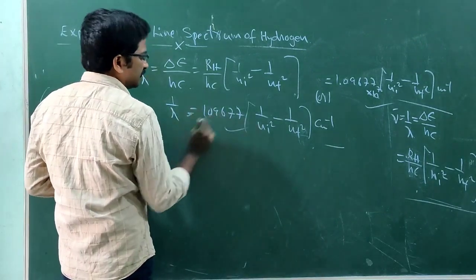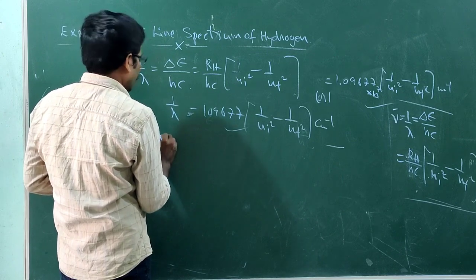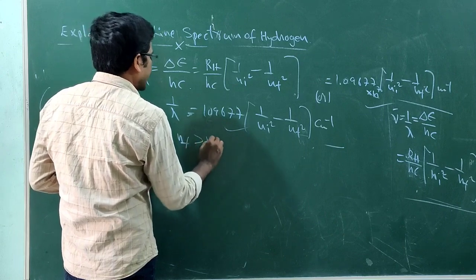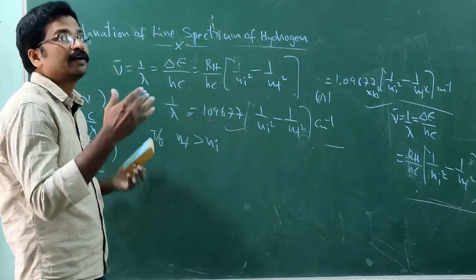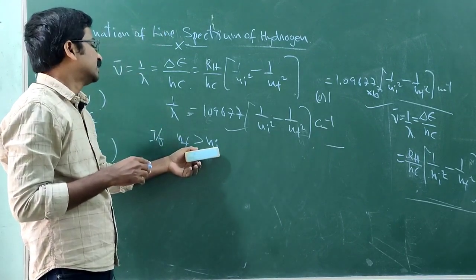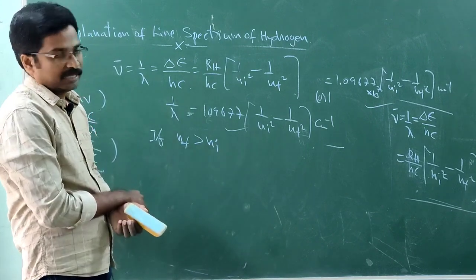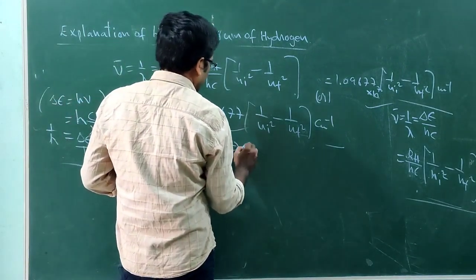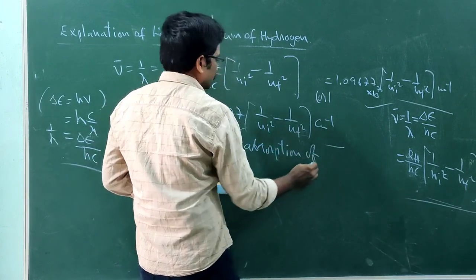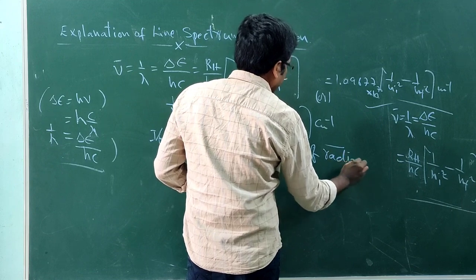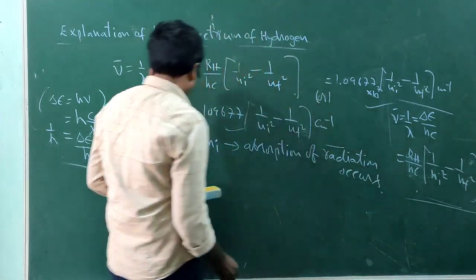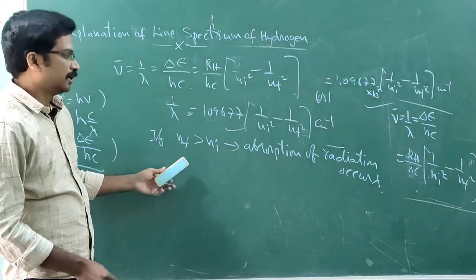He explained if Nf is greater than Ni, where Nf is the final stage and Ni the initial stage of the electron, then absorption of radiation occurs. Okay, absorption of radiation occurs.